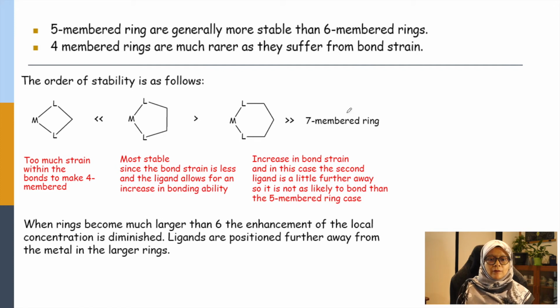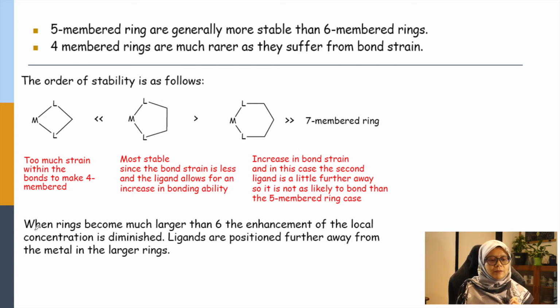While for the 7 membered ring, there is an increase in bond strain if you compare it to the 5 and also 6. In this case the second ligand is a little further away, so it is not likely to bond, compared to the 5 and also 6 membered ring.